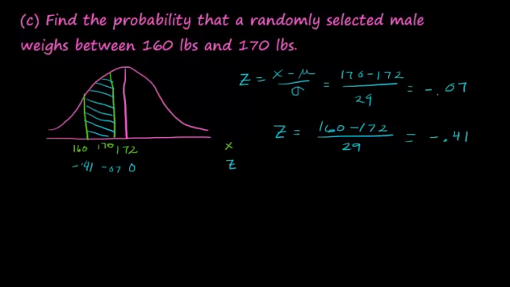Okay, so what are we trying to find this time? We're trying to find the probability that some value x is less than 170 but greater than 160. So that's the same thing as finding the probability that our standardized value, our z, is less than negative 0.07 but greater than negative 0.41.